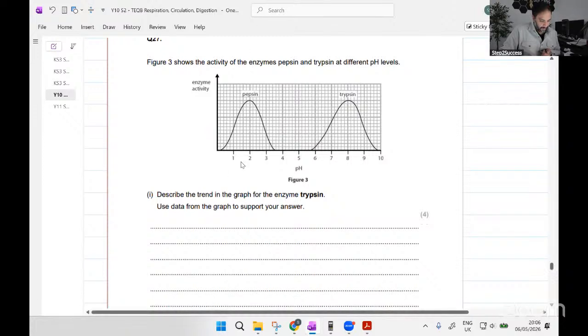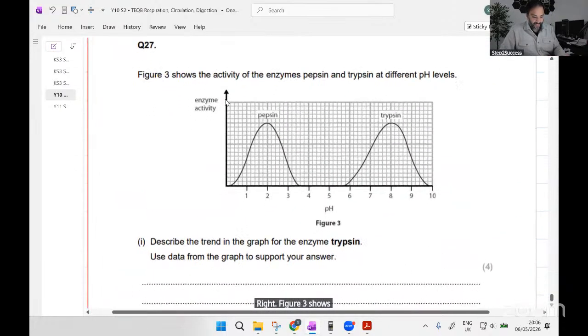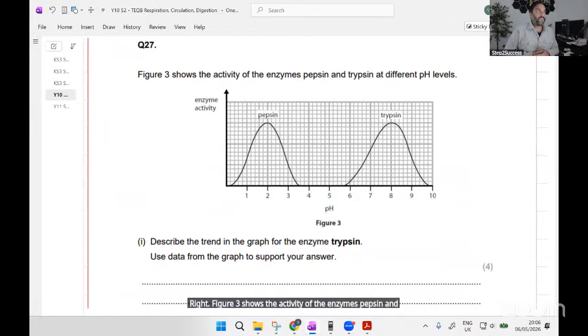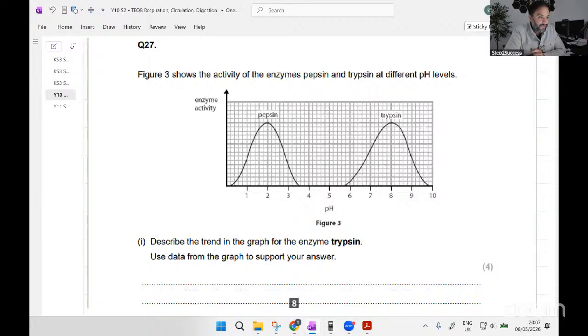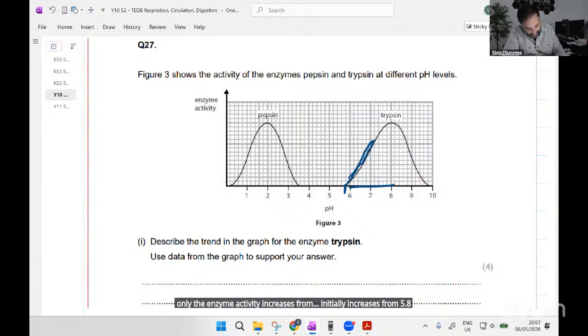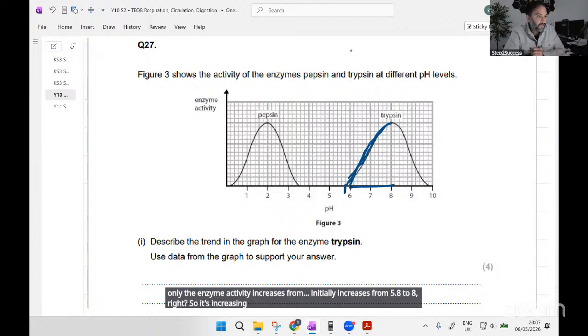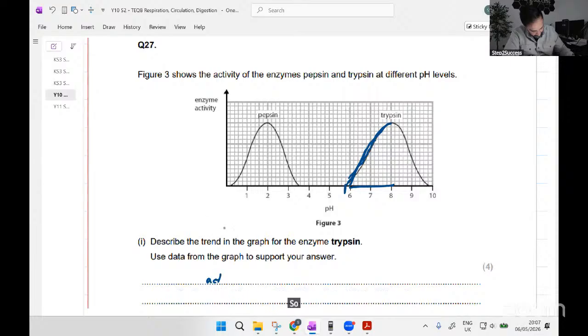Figure 3 shows the activity of the enzymes pepsin and trypsin. Activity when it comes to enzymes is just how quickly they're working. So describe the trend for trypsin, which is this one. You should say that for trypsin, the enzyme activity initially increases from 5.8 to 8. So it's increasing when the pH is between 5.8 and 8.